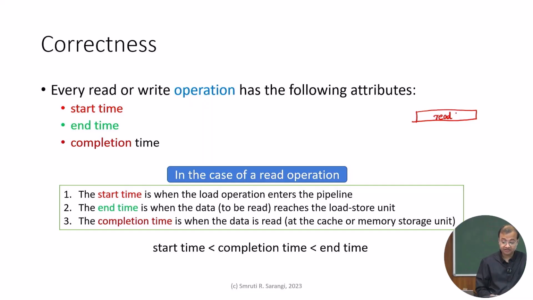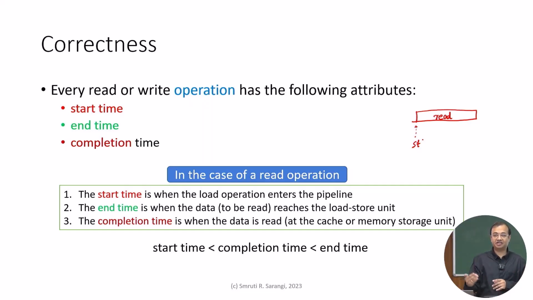So there will be a point of time at which the read operation was issued, in the sense it left the pipeline, it went to the memory system. That is the start time of the operation. The end time is when it has come back and it has left the pipeline, or where it is deemed to be completely processed. That is the end time.